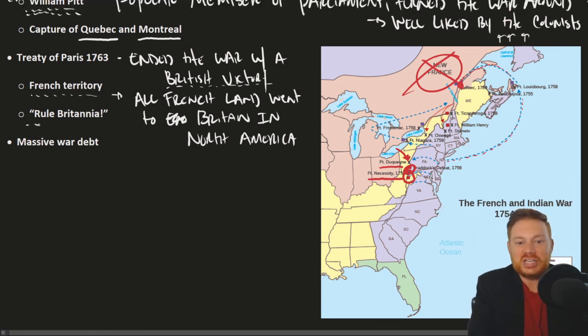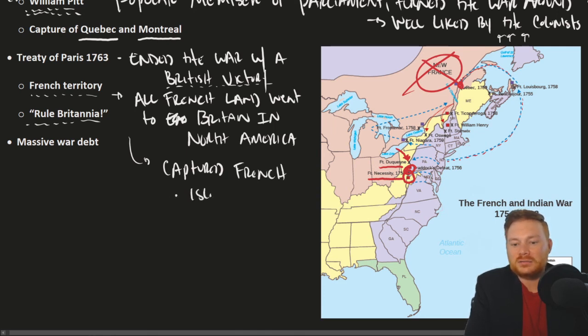In addition to that, the British also captured French islands in the Caribbean, forts in Africa, we'll say West Indies.